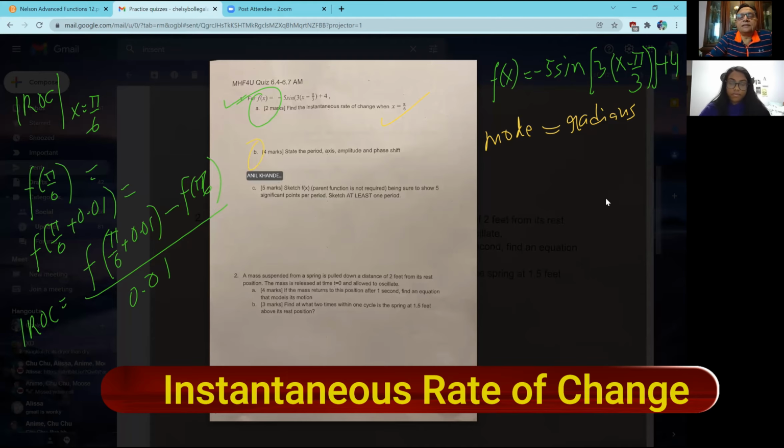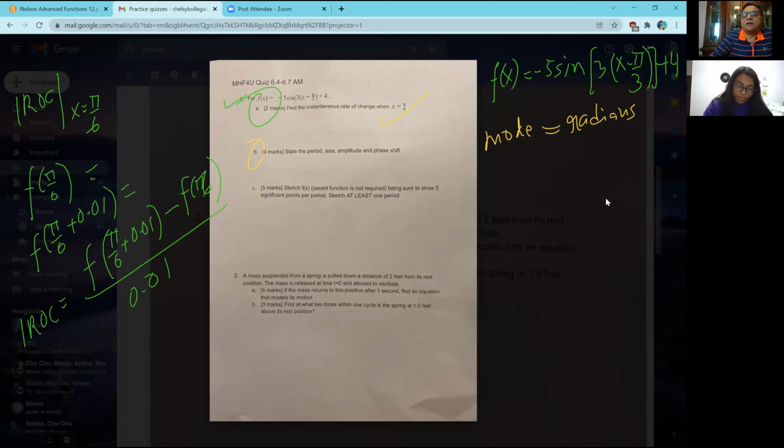State the period, axis, amplitude, and phase shift. So let's do this. So the period is time period T. So first time period T will be 2 pi by 3, correct? Since the k value is 3, correct? Yes. Axis. As far as axis is concerned, it is plus 4.